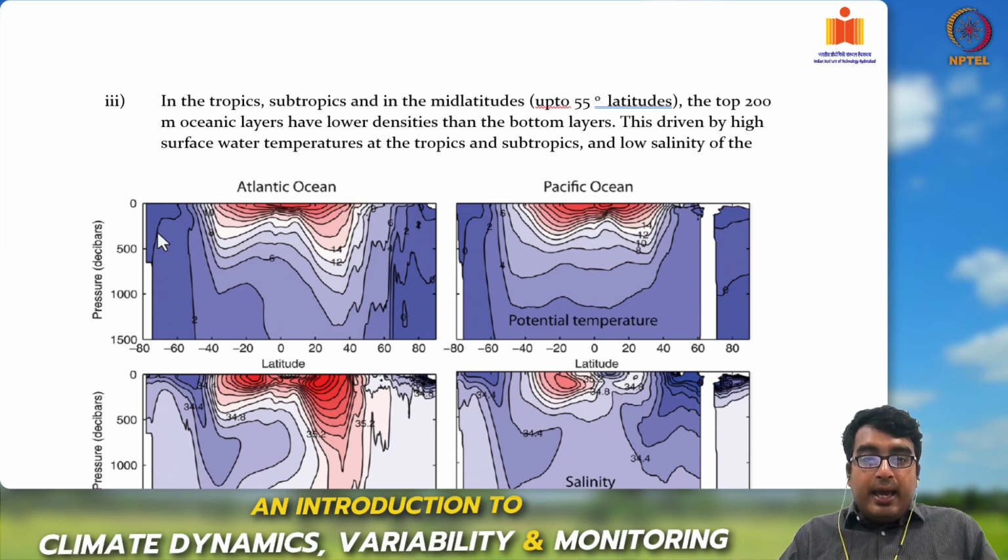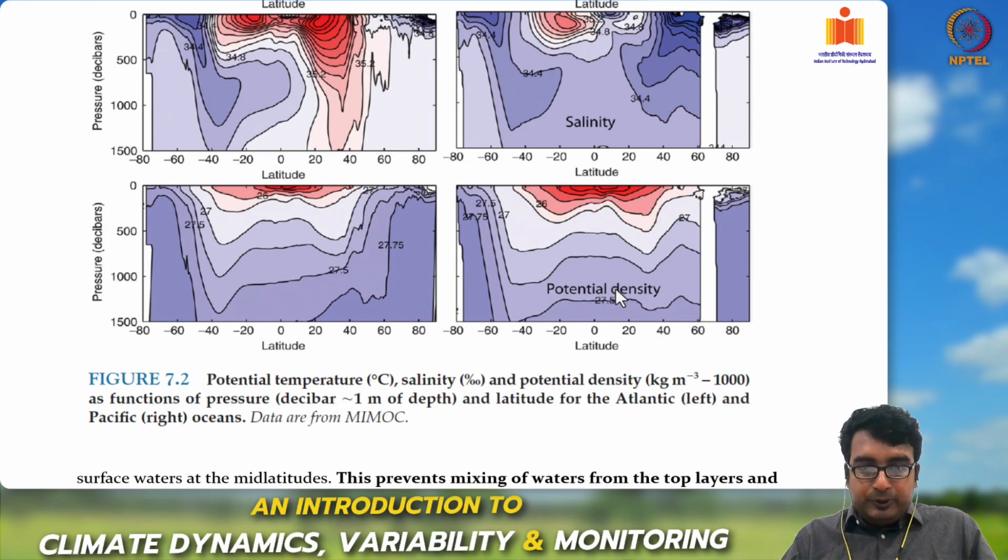In the y-axis, we are starting at the sea level, which is 0 decibars. So, this is basically the gauge pressure above the sea level. This is 500 decibars above the sea level pressure, 1000 decibars, 1500 decibars. So again we are measuring up to approximately 1500 meters only, and we are plotting the potential temperature contour in degree centigrade.